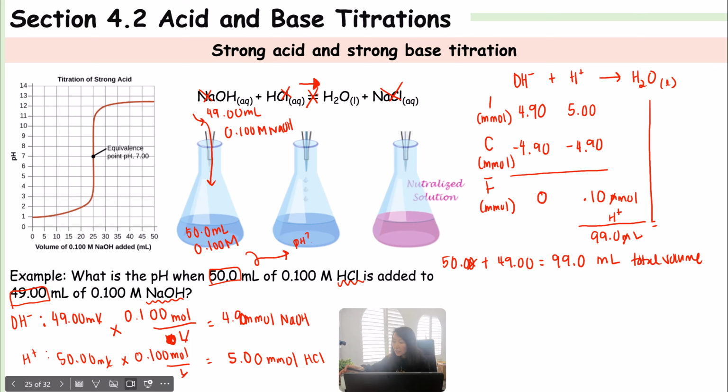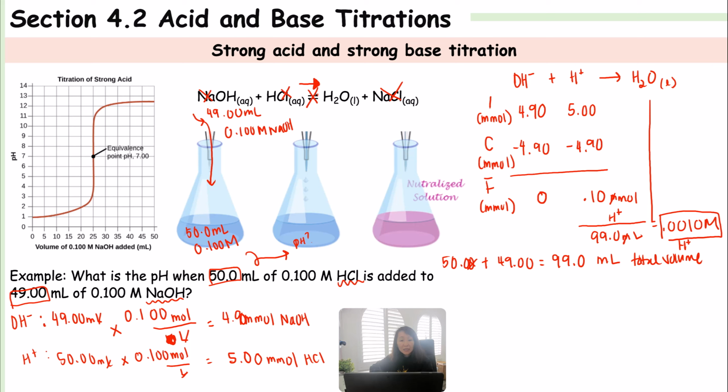If you punch this into the calculator, you would get 0.0010 molarity, approximately. So that was my concentration for H plus after this reaction has gone into place.